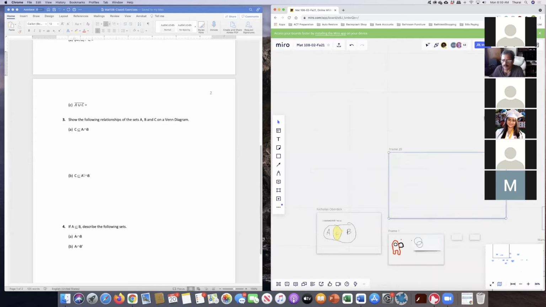Frame 20. All right, I'm changing the name of this frame. All right, so here is the frame for Janice.